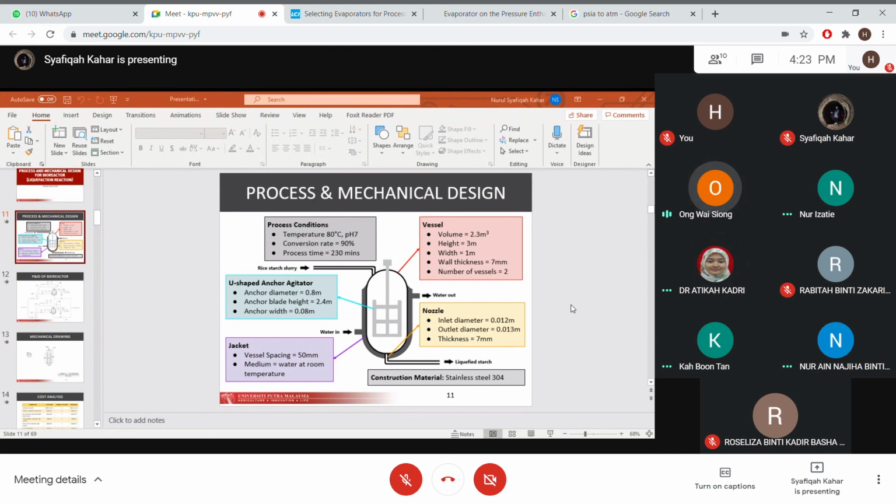So the agitator that has been designed, assume that the anchor length, I did not specify the actual height of the agitator. So do you reckon that your fluid height will be occupying how many percent of your vessel? It will be occupying around 70%.